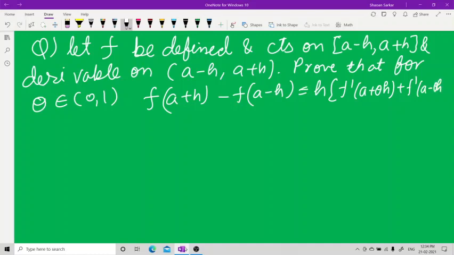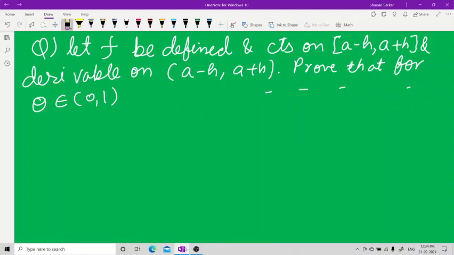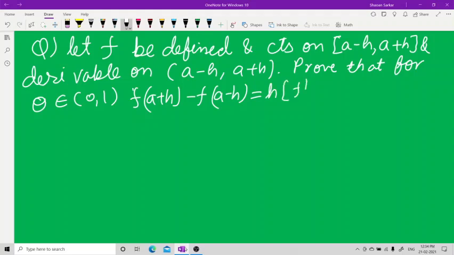Wait a minute, let's rewrite it again. This is f a plus h minus f a minus h is equal to h f dash a plus theta h plus f dash a minus theta h.